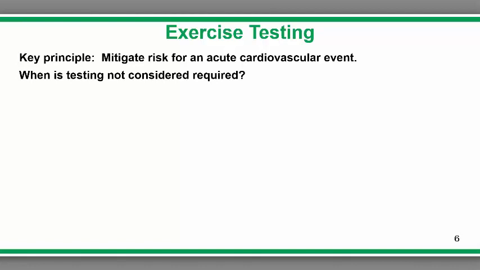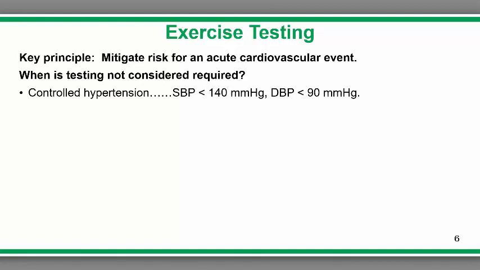situations where exercise testing is not considered to be required, and the person is cleared to go ahead and begin an exercise program. And that includes a person that is in a state where they are considered to have what's called controlled hypertension. Controlled hypertension refers to a person with a blood pressure recording just under 140 millimeters of mercury over less than 90 millimeters of mercury.